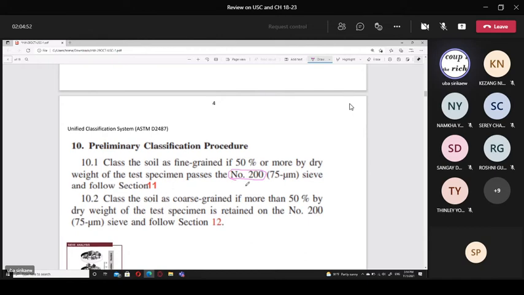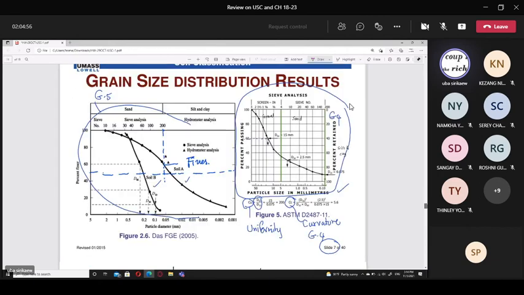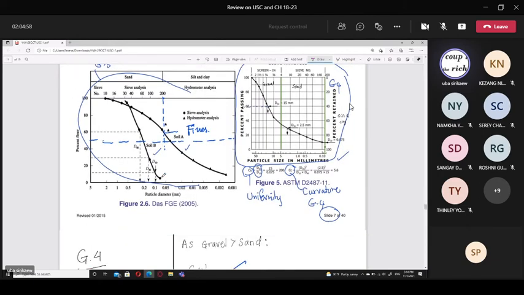I give you an example of group number 5, soil number 1, soil A. You check the 200 sieve. For the 200 sieve, you already know the fines particle is about 60%.